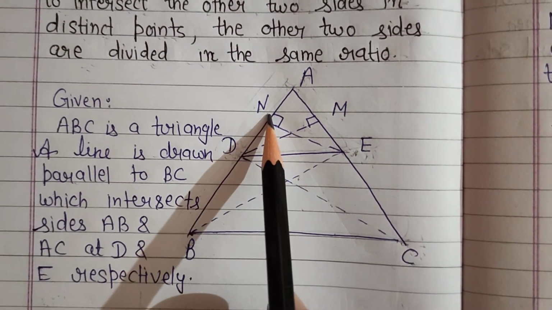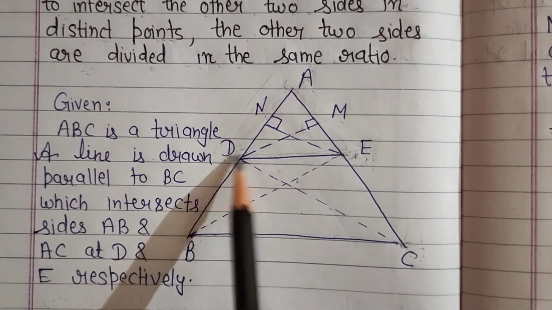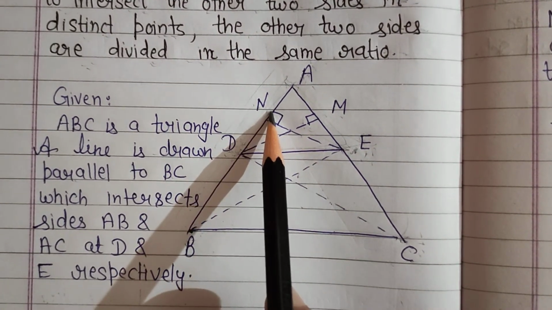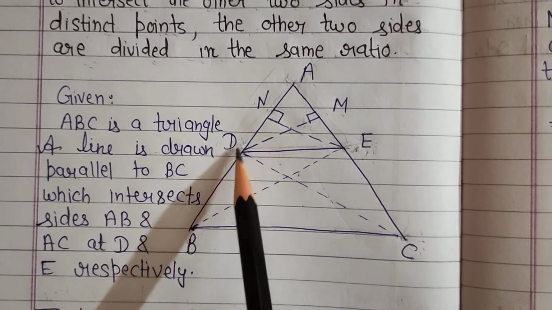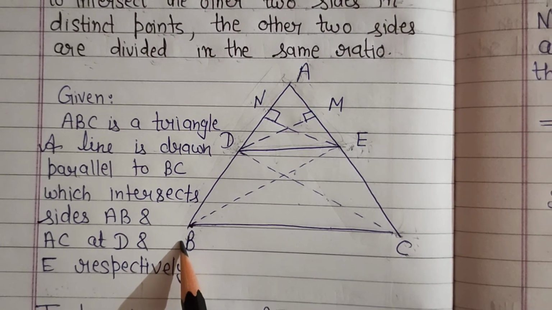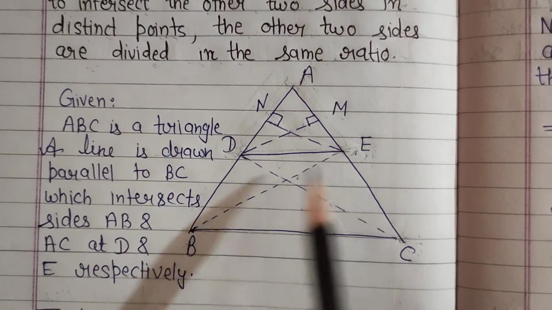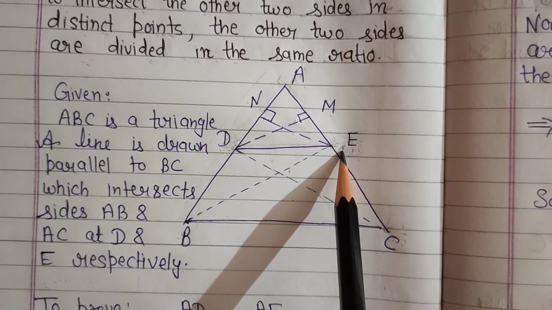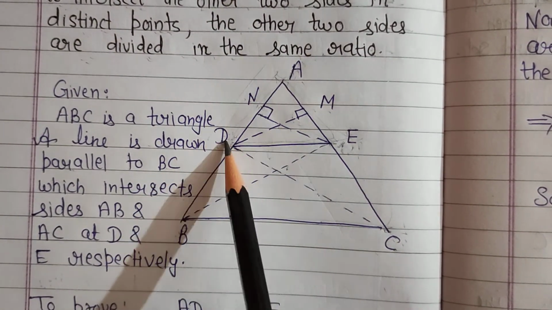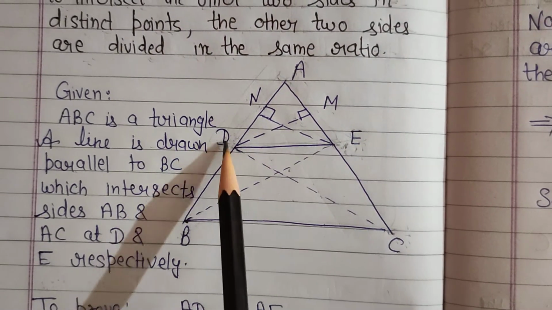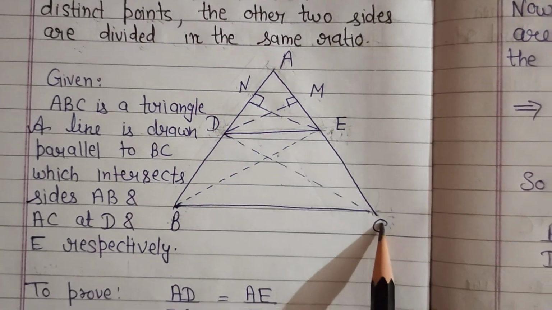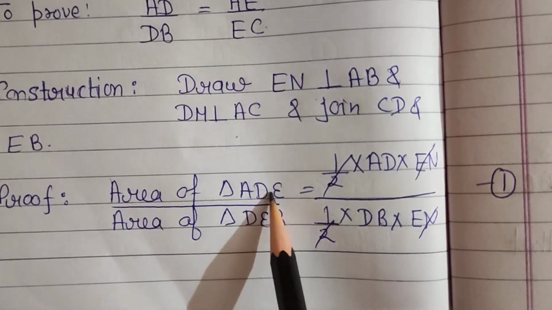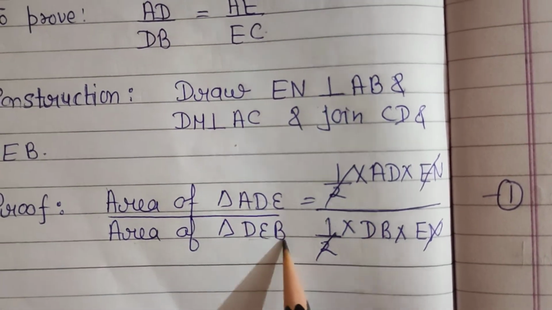EN is the perpendicular for triangle DBE. Actually the perpendicular is outside the triangle, but EN is the perpendicular for base DB, meaning for the triangle DBE. Similarly, we will take the ratio of the areas of triangles ADE and DEC.